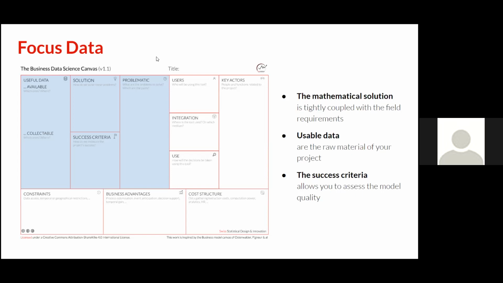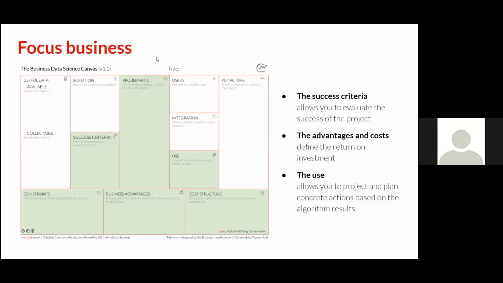And it's also the cornerstone to switch to the business focus, because the success criteria allows the business to know whether a project is successful also. And the success criteria, if done well, allows you also to measure the gain that you will have through this project. For example, if you have a product line and you know that 94% of parts are good, you know that increasing this rate to 95%, 96% will increase your revenue and decrease your loss.